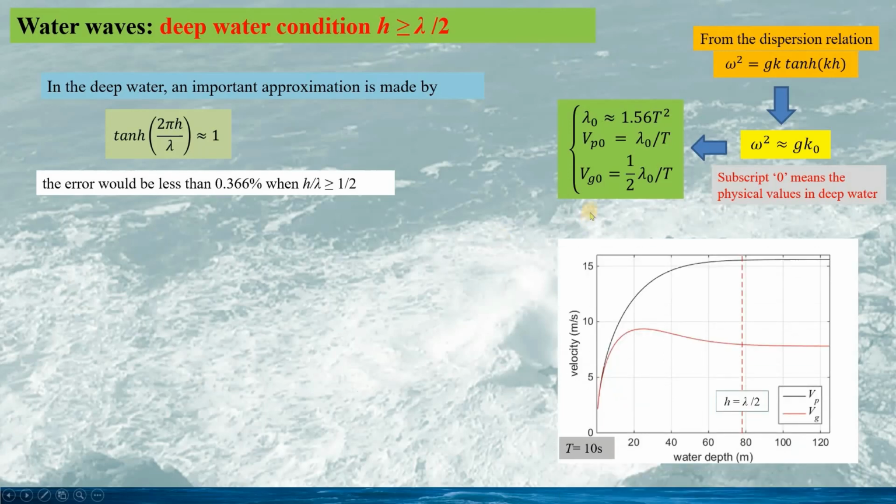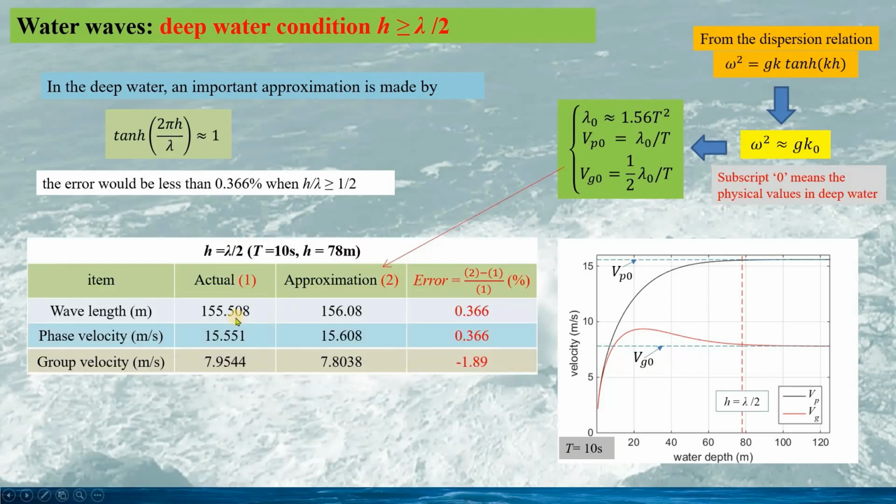If we take a wave with a period of 10 seconds as an example, the wavelength in deep water is 156 meters, and the condition for deep water is half of the wavelength, so h equals 78 meters.